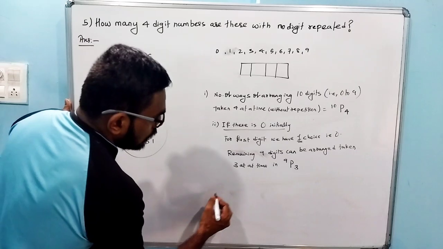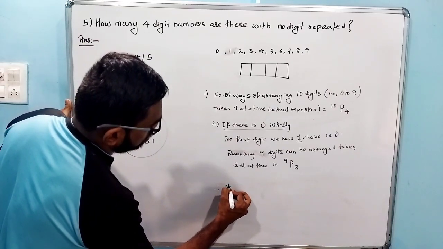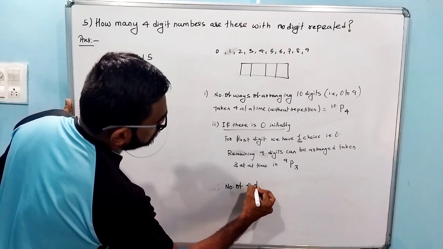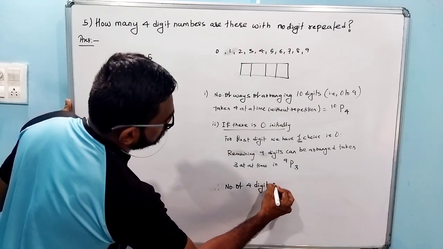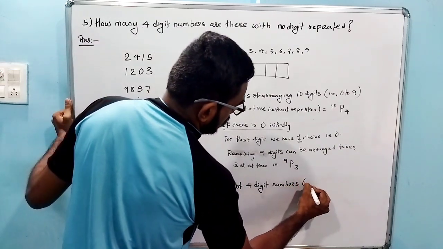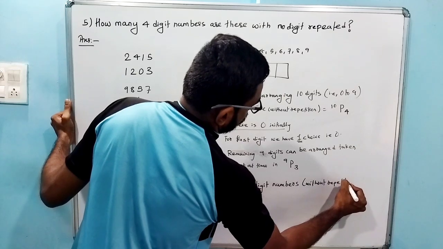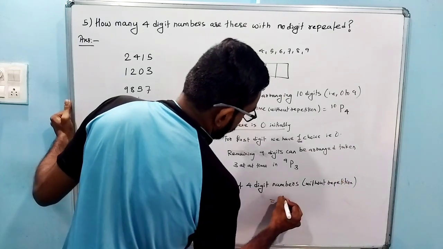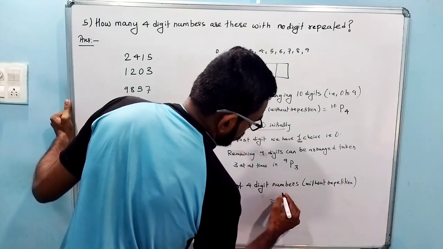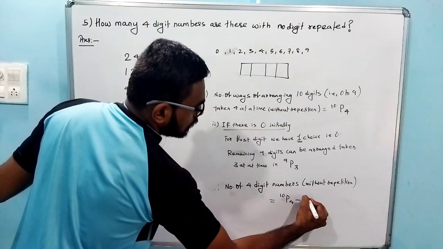Therefore, the number of 4-digit numbers without repetition will be this 10P4 minus this 9P3.